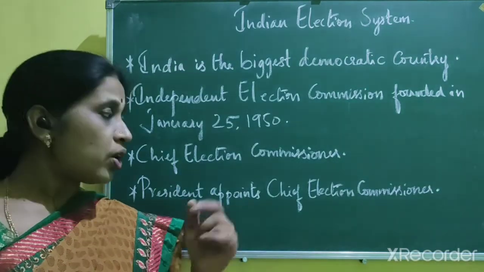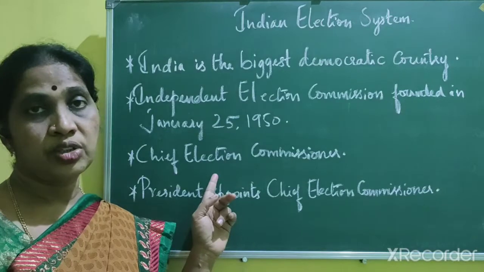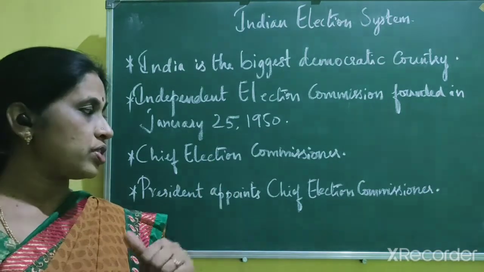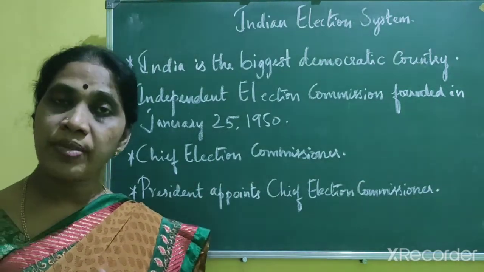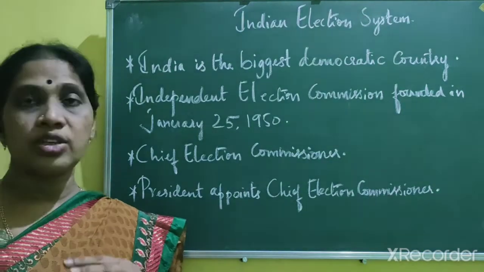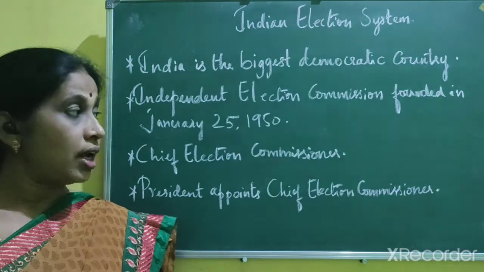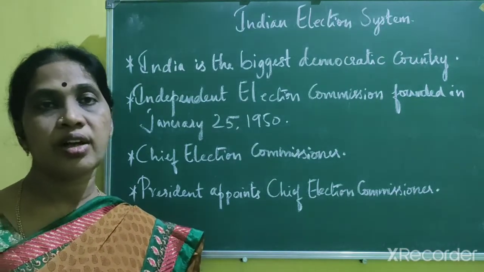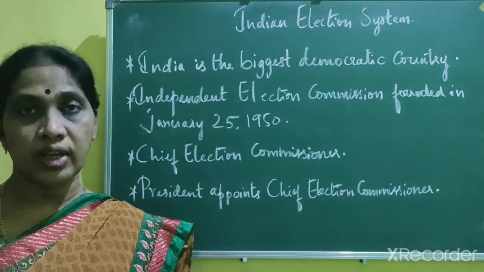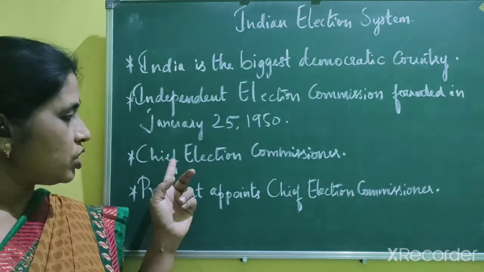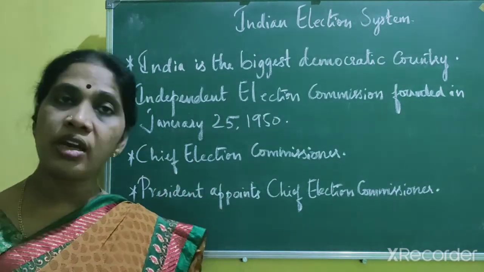So in order to assist the Chief Election Commissioner, they appointed another 2 officers. So at present there are 3 election commissioners. In the year 1993, these posts were created. All the 3 election commissioners have equal power.